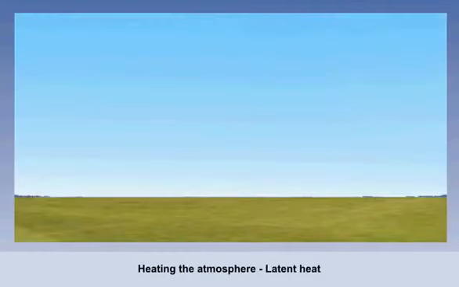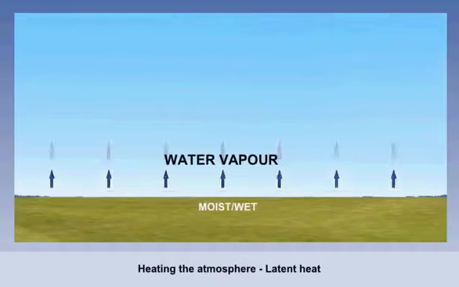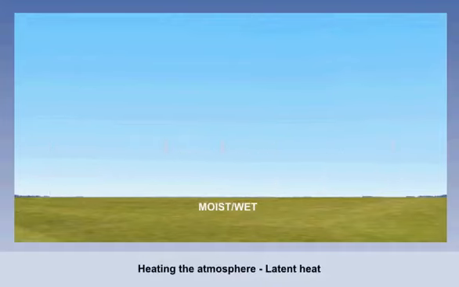Finally, let's take a look at latent heat processes. Latent heat has a major impact on the heat distribution of the atmosphere. Here we see water vapour having been evaporated from a moist or wet ground surface. As air rises, perhaps due to convection, the air cools.